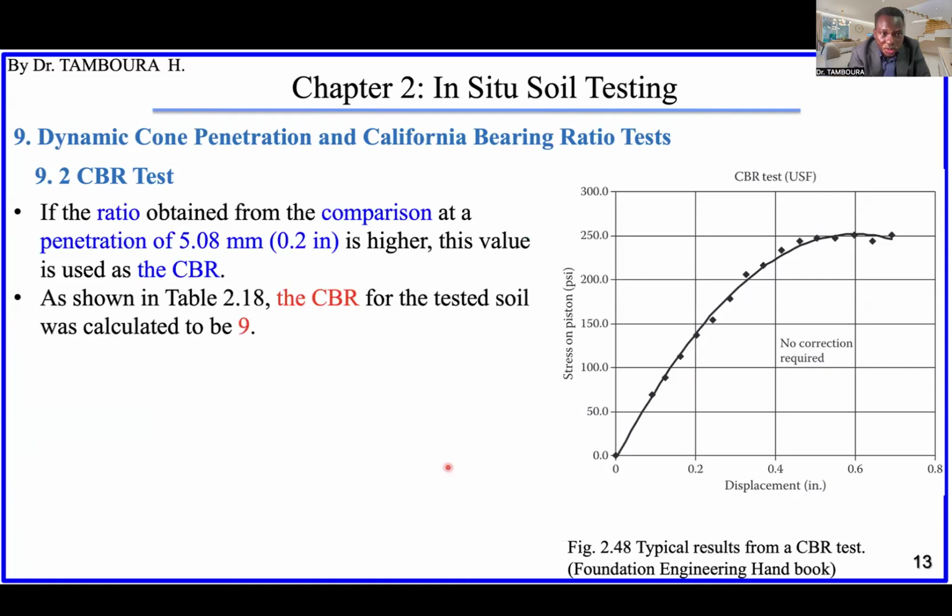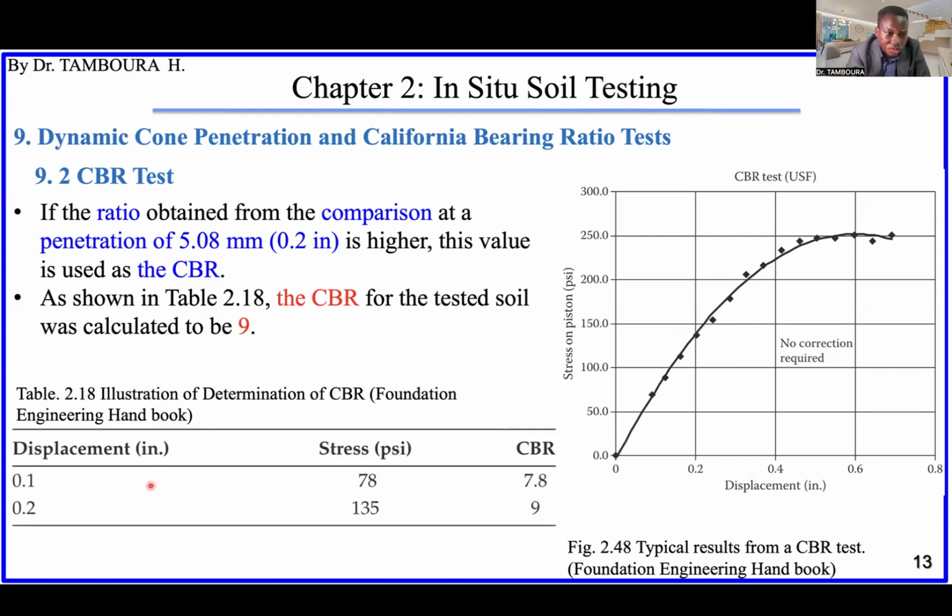By doing that, we can see that you can easily obtain 9. Please try it, use your phone or any calculator. I think this is higher than the 0.1, because the 0.1 is around 70 divided by 1,000, which will be lower than this one, 140 divided by the table.